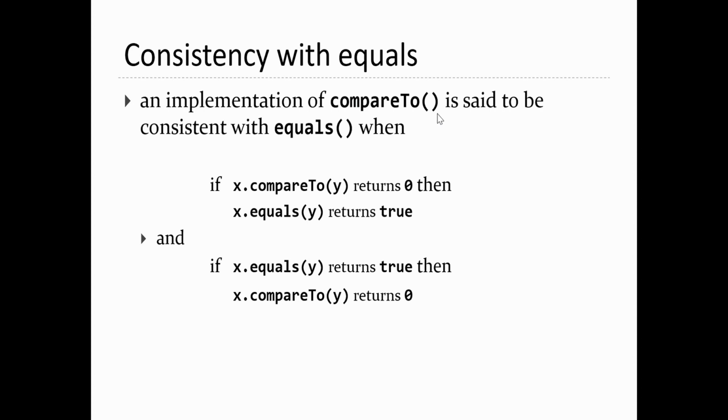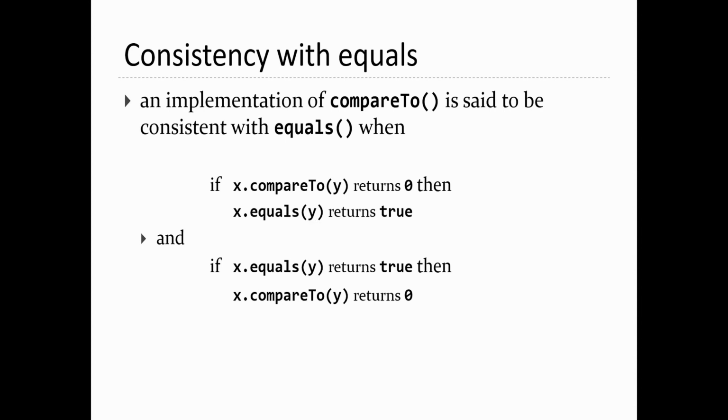An implementation of compareTo is said to be consistent with equals when, if x compared to y returns 0, then x equals y is also true. Which kind of makes sense given what I told you. Remember, compareTo is supposed to be the analog of less than, greater than, and equal to. So if x compared to y is 0, it makes sense that x equals y should be true.